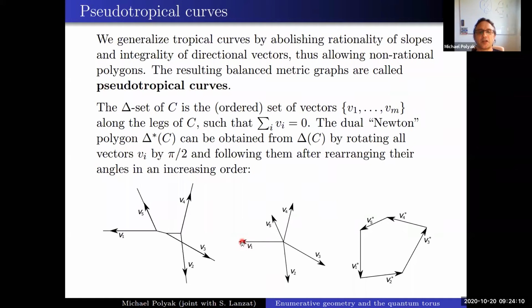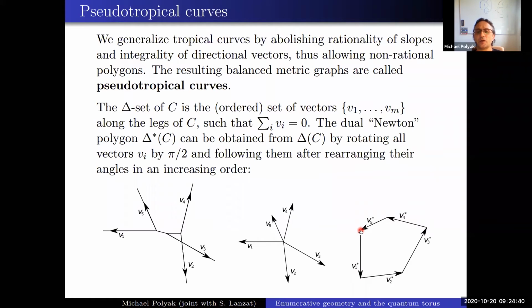After the rotation, from V1 you would get V1 star, which is just this vector rotated by 90 degrees. From V2, you get V2 star, again by rotation by 90 degrees. V3 gives you V3 star, rotated by 90 degrees, etc. And you just follow them by adding one to another.